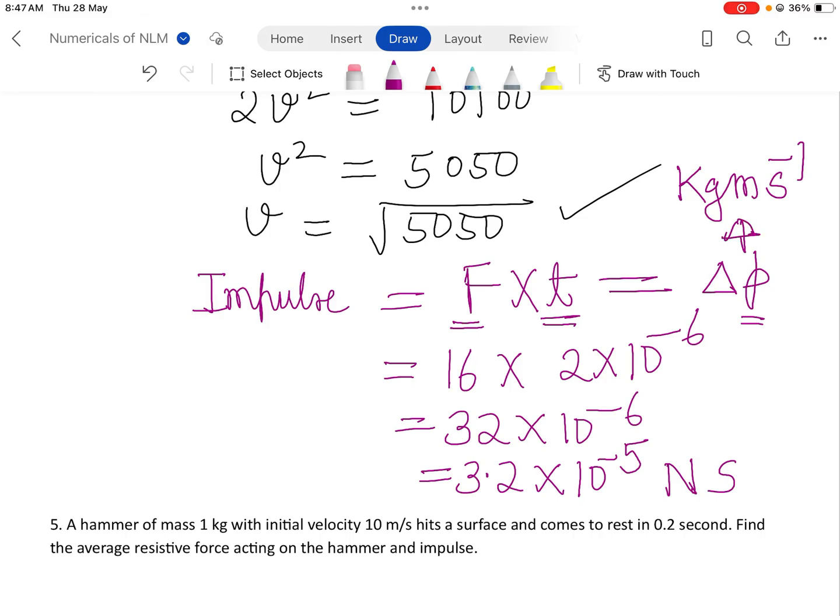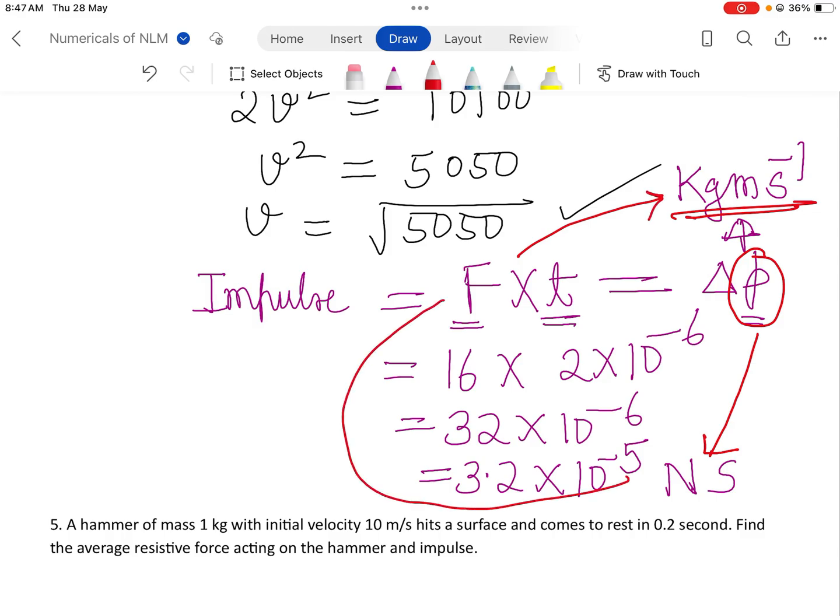So all of you remember one thing, that the unit of momentum is kilogram meter per second. Unit of momentum is also Newton into second. Unit of impulse is kilogram meter per second. Unit of impulse is this also. It's clear. That means these two are the units of impulse, these two are also the units of momentum, and these same two are also the units of change in momentum.